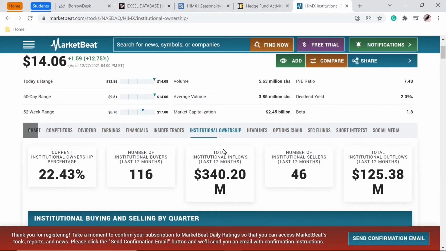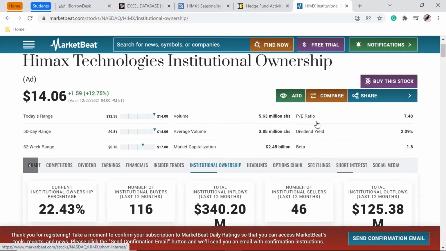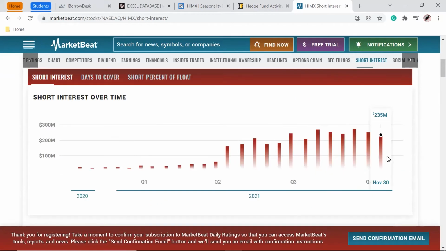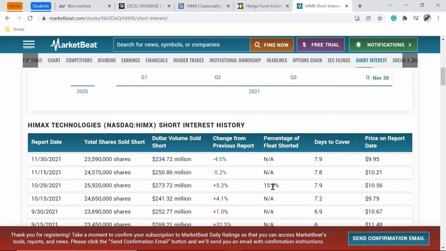And how about short interest? Yeah, this website is working slowly. Come on. Oh, this is not bad. 235 millions. Yeah, 7.9 days to cover.